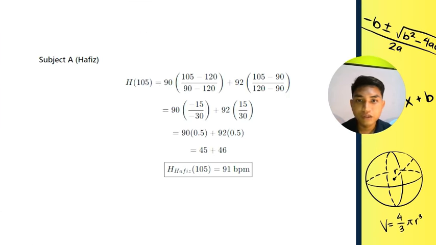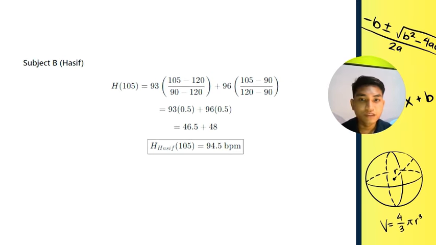So this is how we calculate the h function at 105 for subject A, Hafiz: we use 90 times (105 minus 120) divided by (90 minus 120), plus 92 times (105 minus 90) divided by (120 minus 90), and we get the final answer 91 beats per minute.